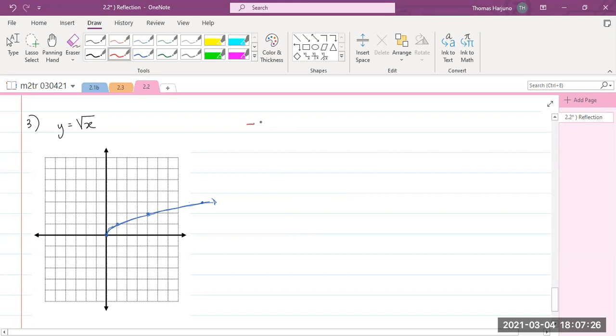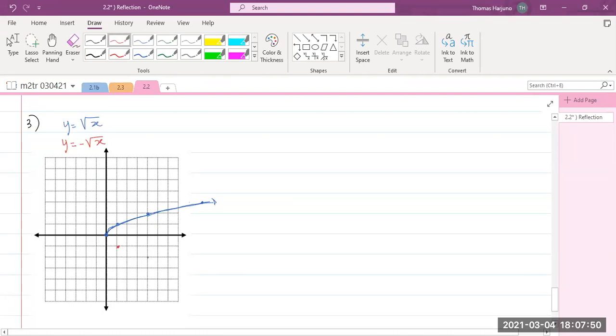So if I use negative square root of x, let me actually write it right below it. y equals negative square root of x, and then the blue one is y equals square root of x. Now the red one will be the one here.